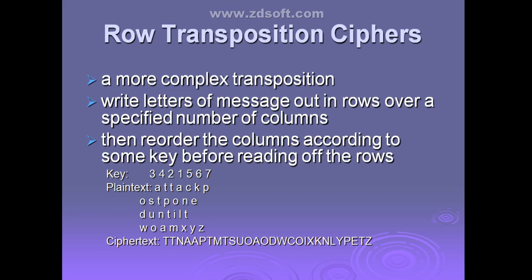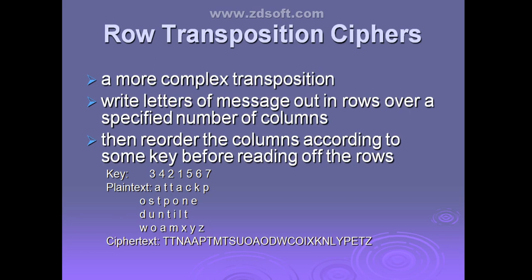We are just rearranging the order of the letters present in the plain text message. Because of that, it is called a transposition cipher. It is one technique, an example of the transposition technique. Is that clear, guys?